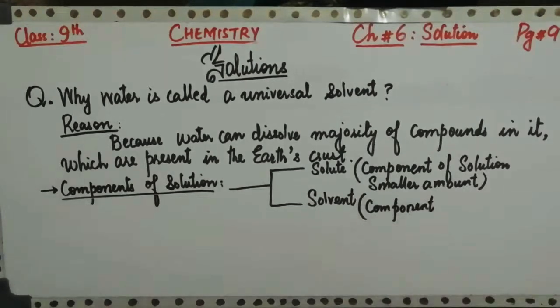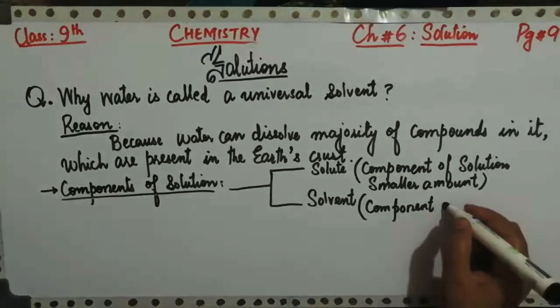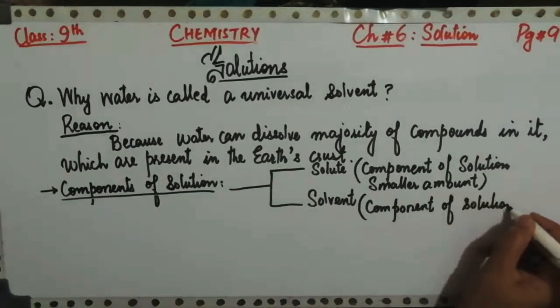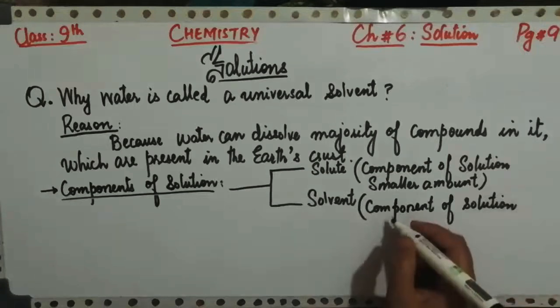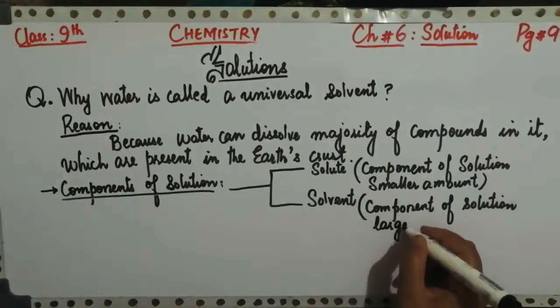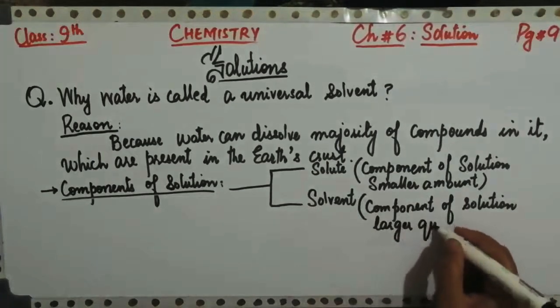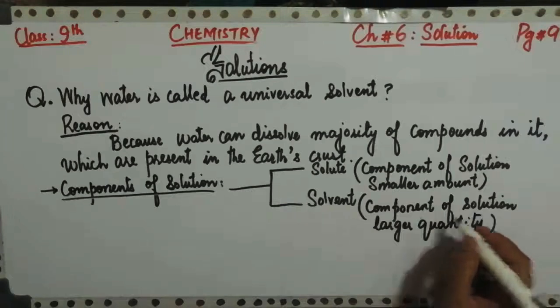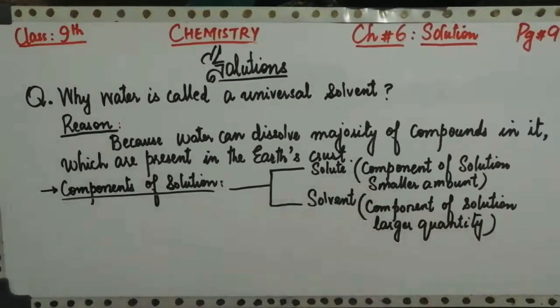Component means constituent or substance that is present in making solution. So it is again a component of solution, but present in huge amount, that is larger quantities as compared to solute. So this is the basic difference between the solute and solvent.